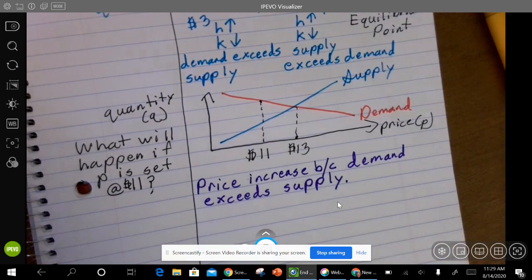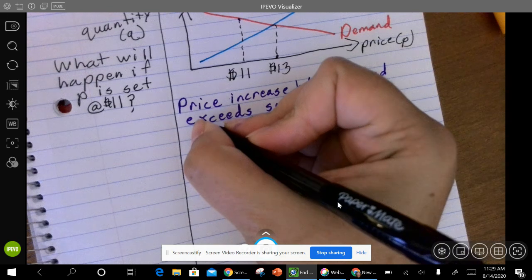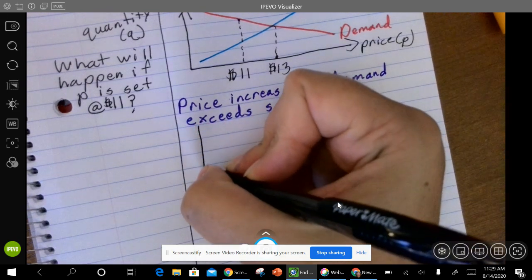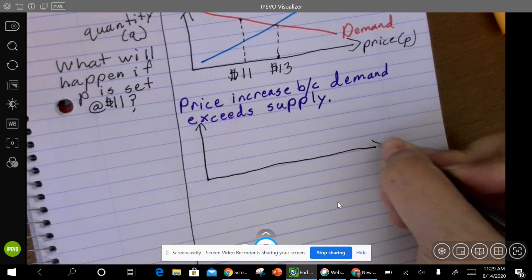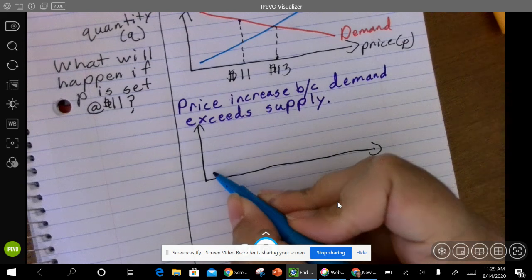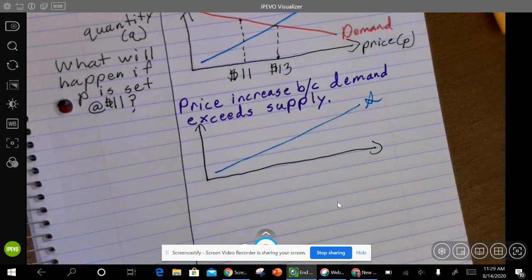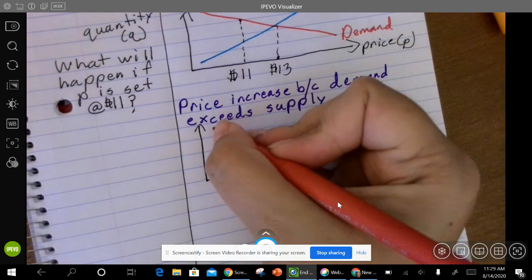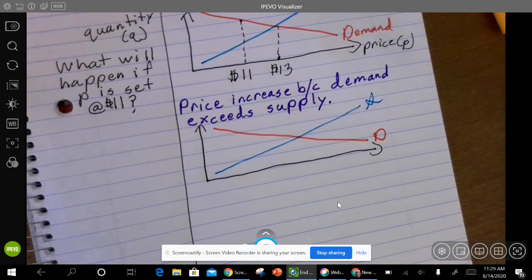Okay, let's look at another example for this, everybody. The graph. Okay, so we have our supply. We have our demand. Okay, our price.